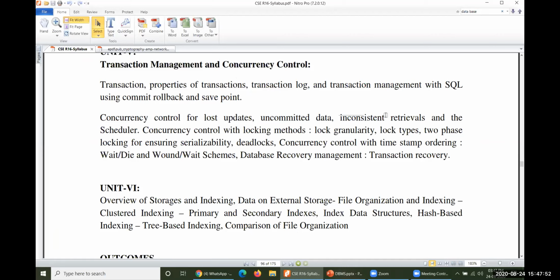Inconsistent retrieval is what we just saw as unrepeatable read. All these things have been completed here. Tomorrow we would like to go ahead with schedulers, and slowly we'll complete everything here.